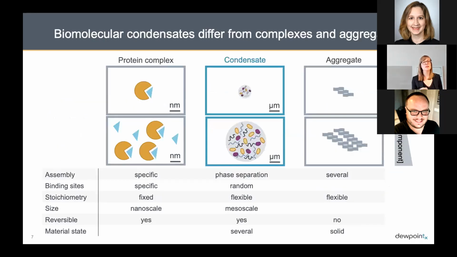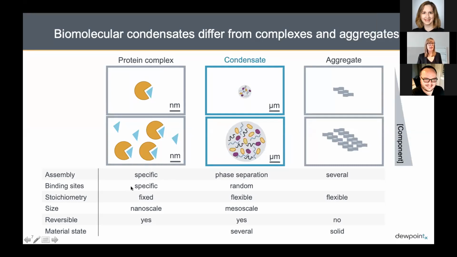So before we continue, I would really like to emphasize that biomolecular condensates are not protein complexes nor aggregates. Protein complexes have a very specific assembly mechanism, a fixed number of binding sites and stoichiometry, and their size is in the nanoscale. Whereas condensates formed by the process called phase separation, as we have just seen, have a random number of binding sites and a very flexible stoichiometry.